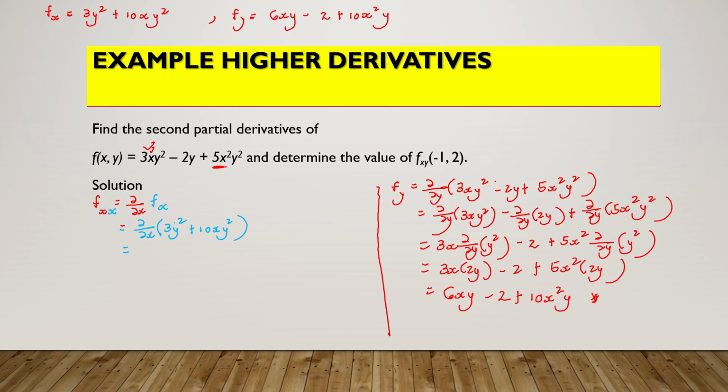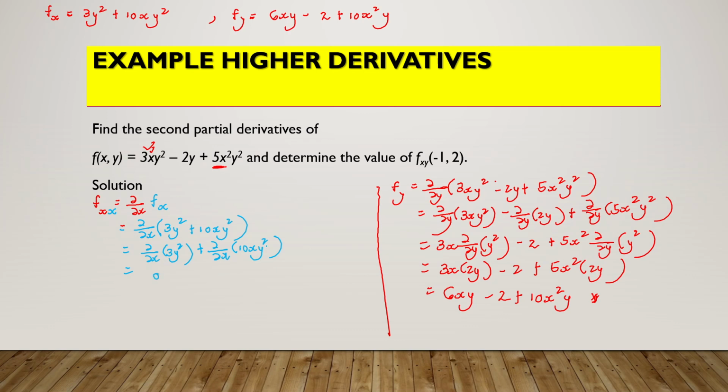So ∂/∂x of 3y squared, when you break it one by one, plus ∂/∂x of 10xy squared. So ∂/∂x of 3y squared is 0.